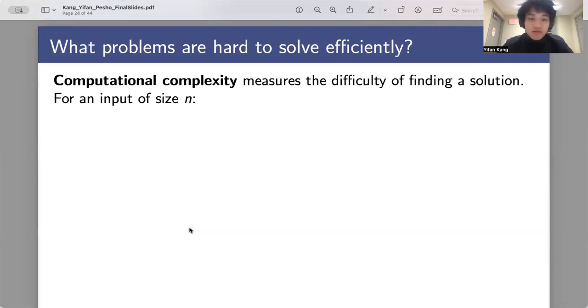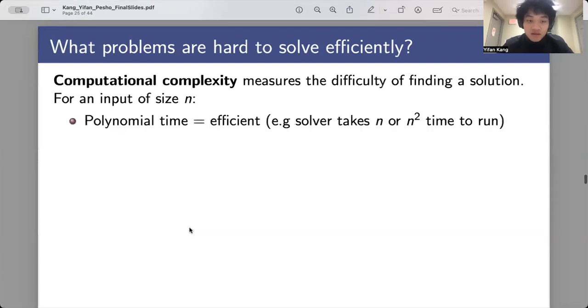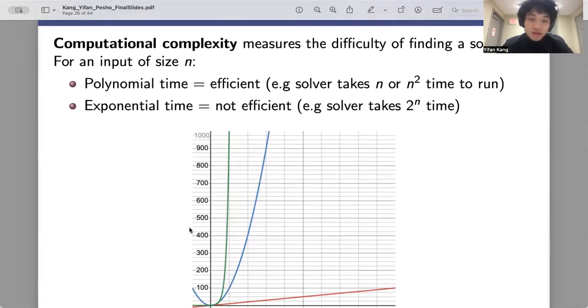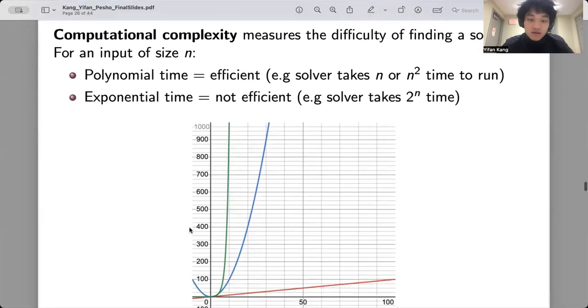What problems are hard to solve efficiently? Computational complexity measures the difficulty of finding a solution. For an input of size n, if we can solve the problem in polynomial time, this is fairly efficient. However, if it takes exponential time to run, it's not very efficient.